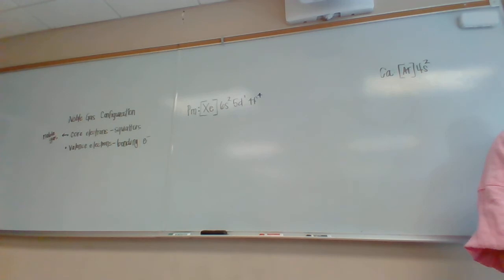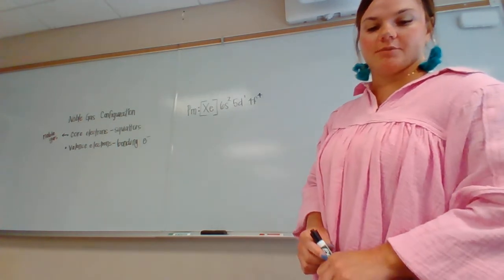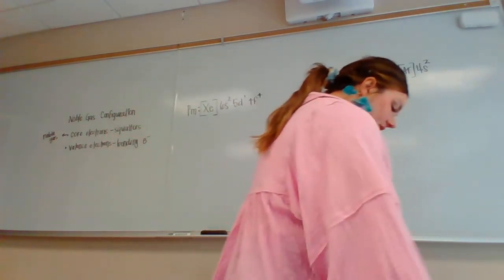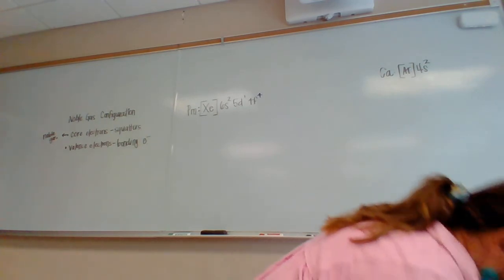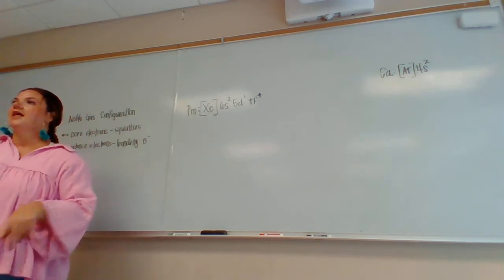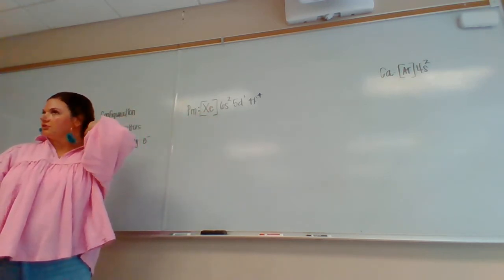5d. All right, so let's draw this orbital diagram because we haven't done one with the F. The nice thing about the noble gas configuration is you're only showing the valence electrons. Those are the only ones I'll ask you to draw out on your test.